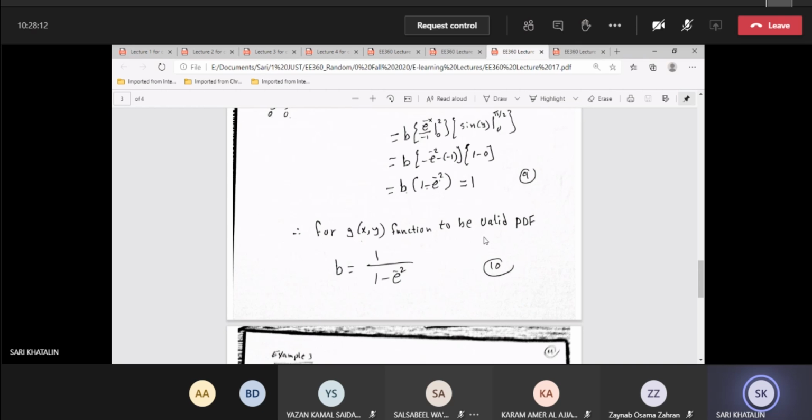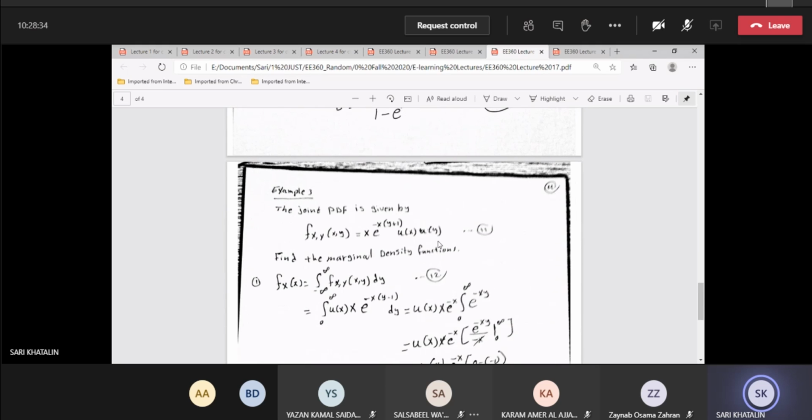And as I said, if you understand chapter 2 and also chapter 3, because chapter 3 will be very similar to chapter 5, the operations of random variables, you will be fine. So now we learn how to validate a joint PDF or find the constant.